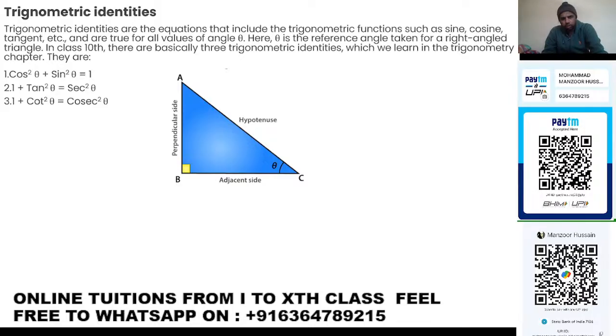So we are concentrating on solving these three identities.